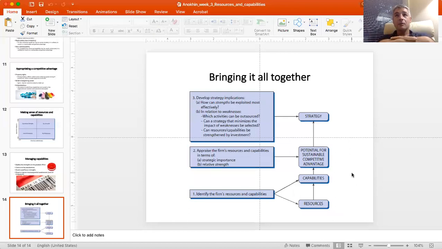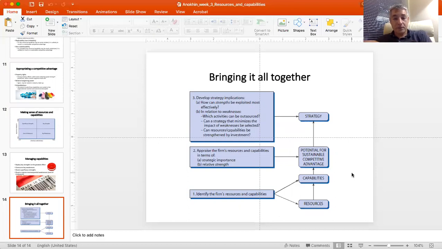the way you think systematically about resources and capabilities, well, first of all, you try to identify them, right? You identify your resources. You try to see which of those you can combine towards something meaningful. And the capabilities that you have to combine those resources, right?